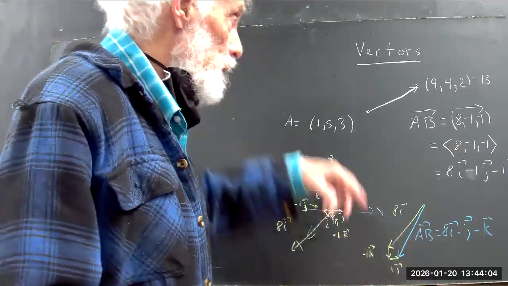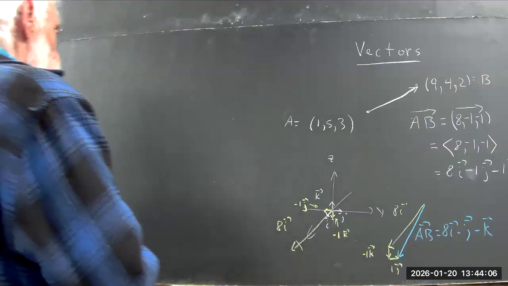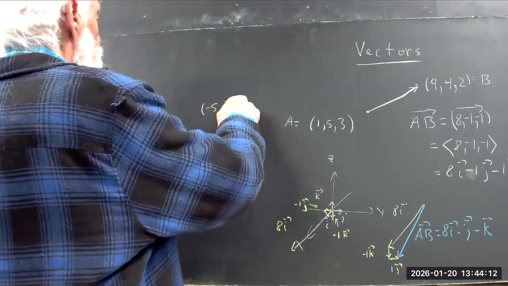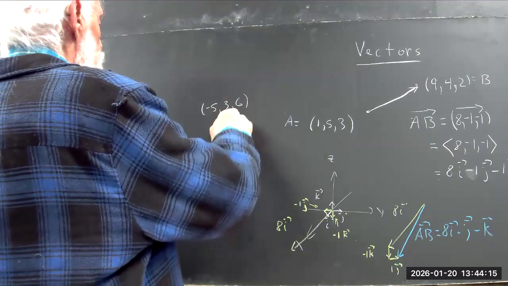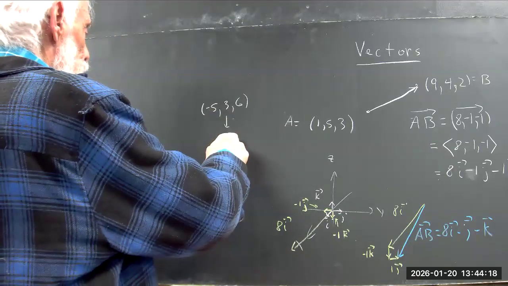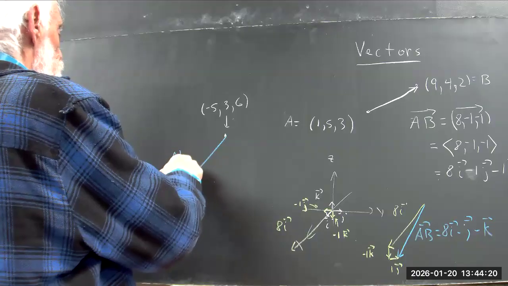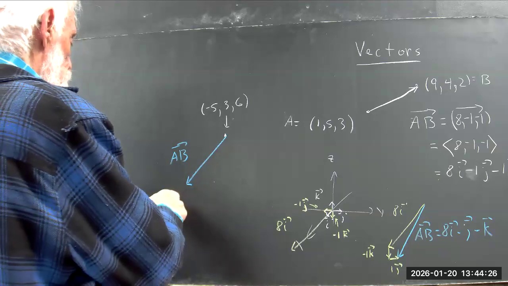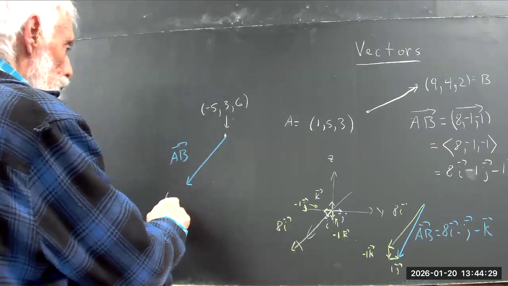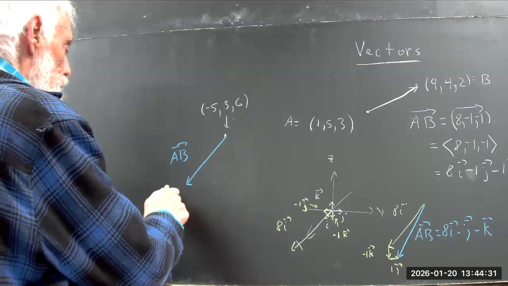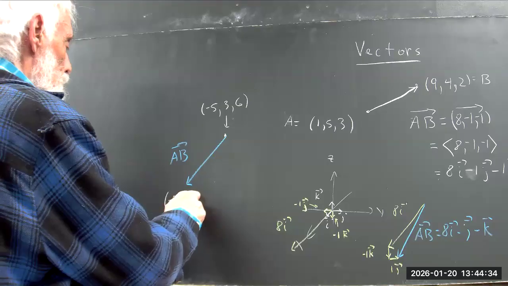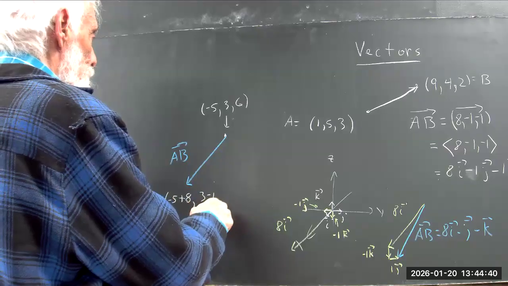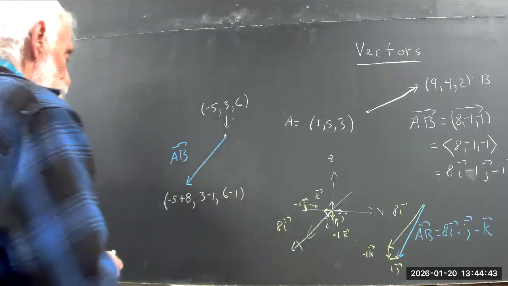So if I apply the vector AB to the point, well, let's pick one. How about (-5, 3, 6). Take my AB vector. It has to take me to the point (-5 + 8, 3 - 1, 6 - 1).